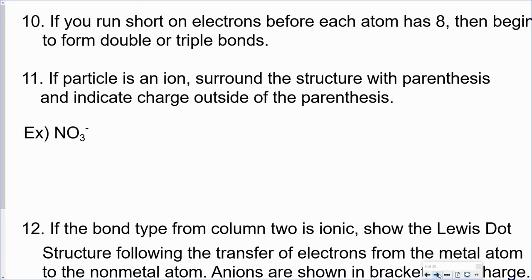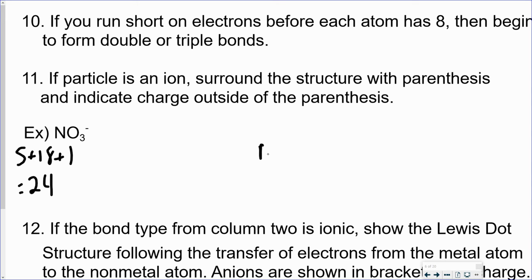So what happens is if we run out of electrons, aka we went over, we have to begin to make double and triple bonds. So what happens here? You have 5 plus 18 plus 1, giving us a grand total of 24.